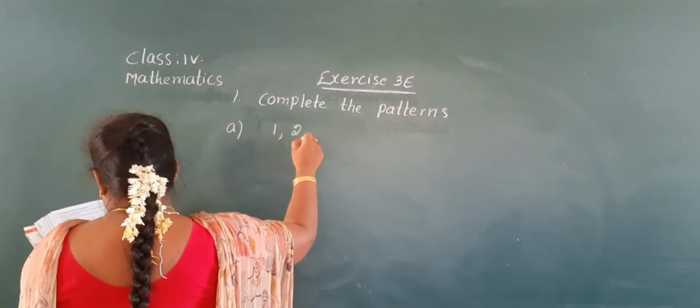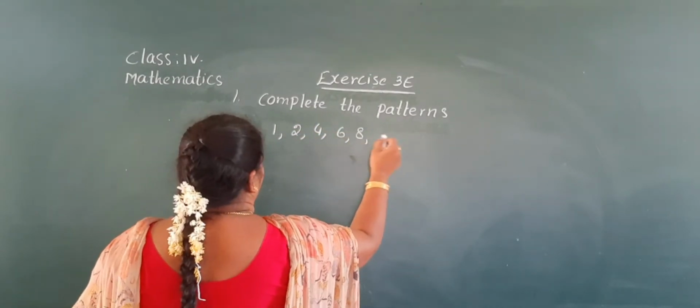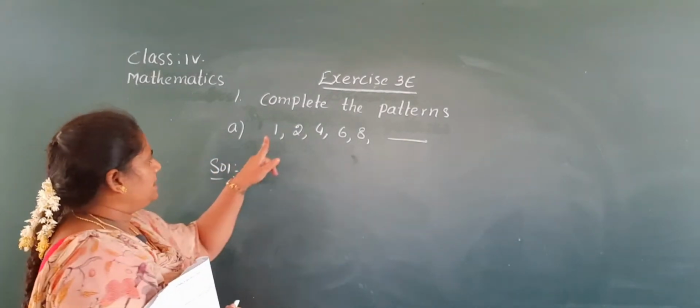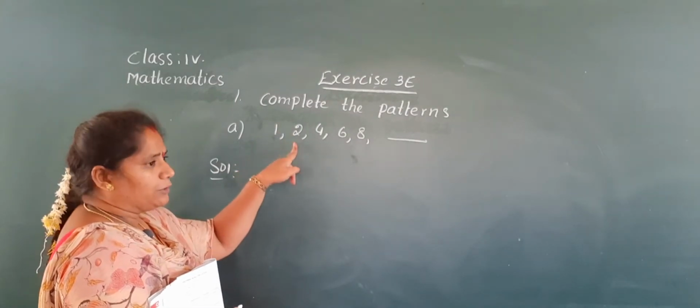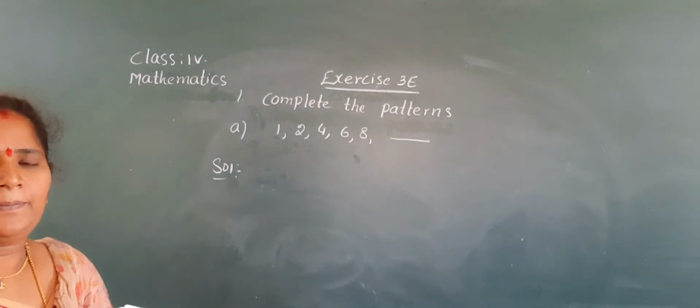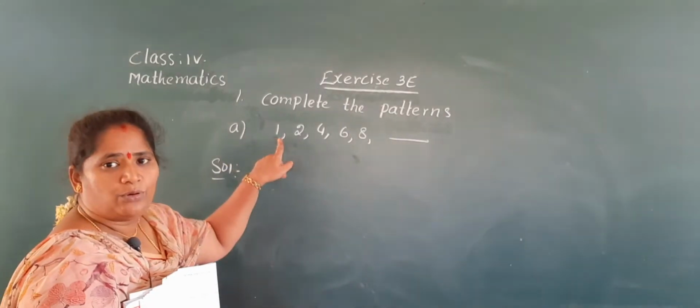1, 2, 4, 6, 8. Come on. Observe the first two numbers, 1, 2. If you multiply 1 by 2, we get 2.